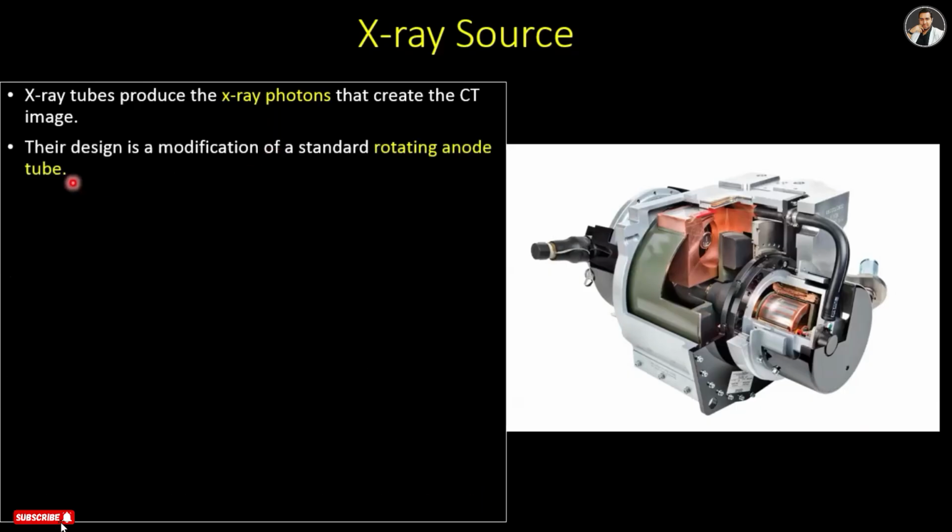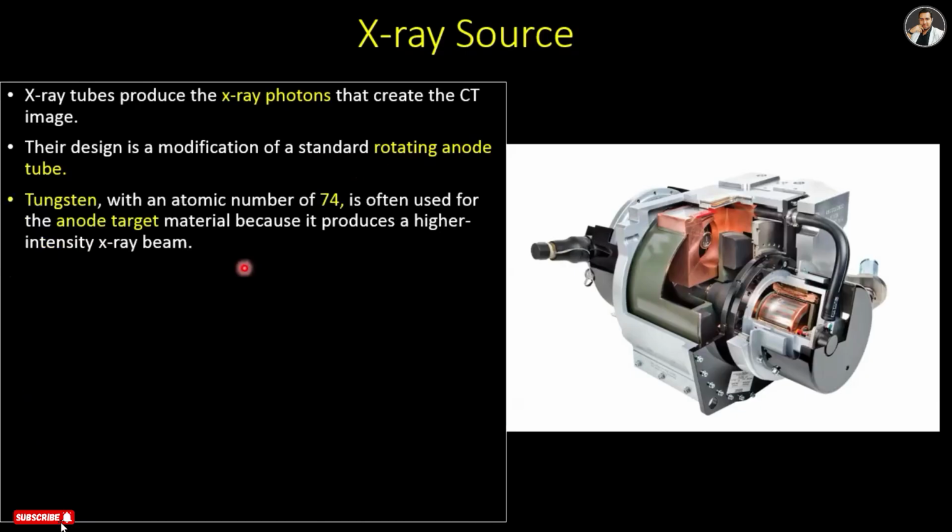Their design is a modification of a standard rotating anode tube. There is a rotating anode in the X-ray tube that can rotate at all times. The anode can rotate inside the tube. Tungsten, with an atomic number of 74, is often used for the anode target. Because of the high atomic number, tungsten has a very high boiling temperature.